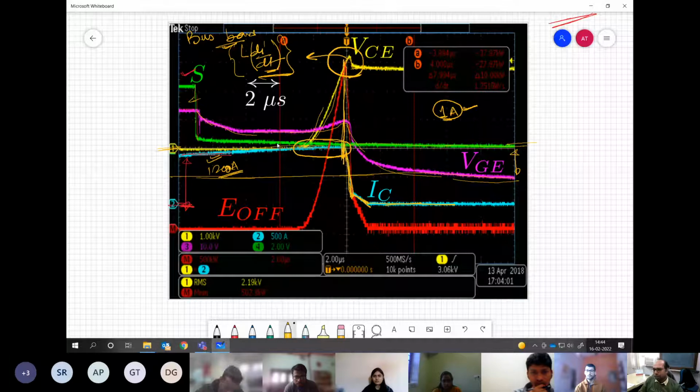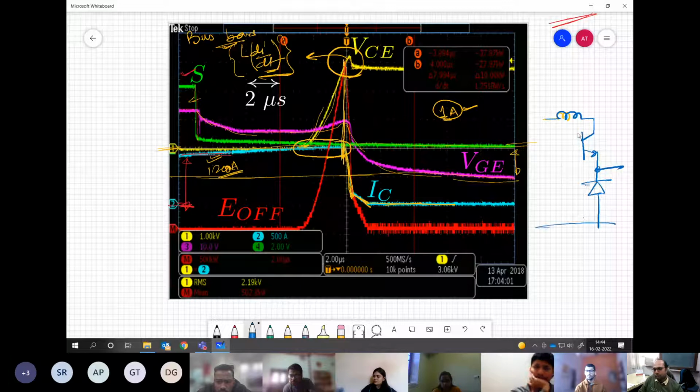You understand this point? There may be some very small inductance, let's say 100 nanohenry or something. This inductance basically causes this kind of overshoot over here.